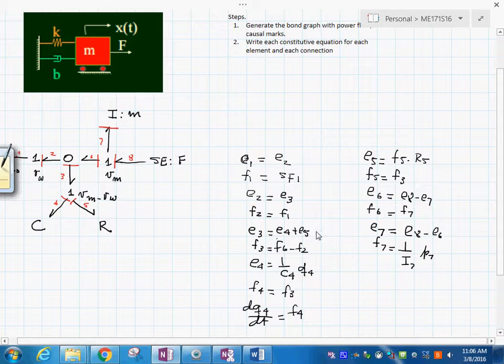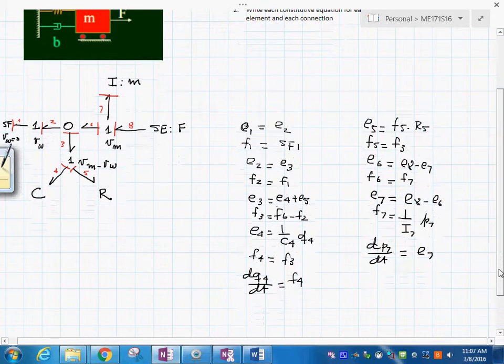And then you have that E sub 8 is equal to SE8, and that F sub 8 is equal to F sub 7.